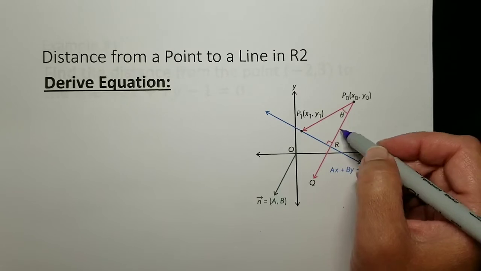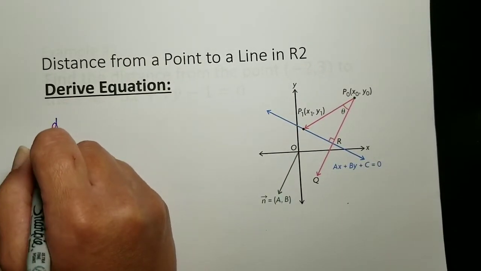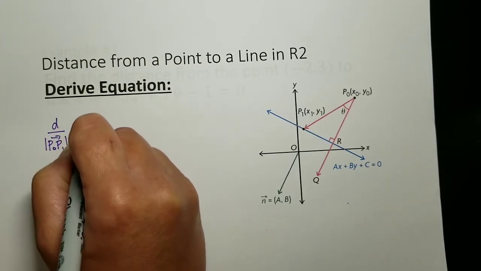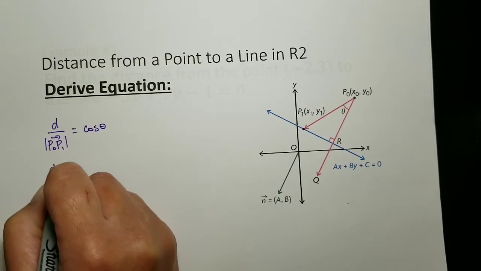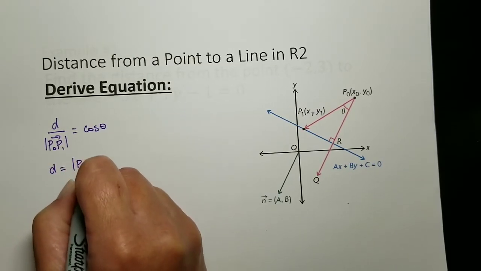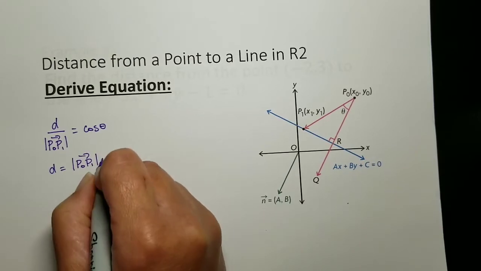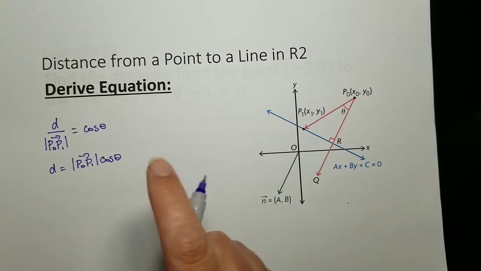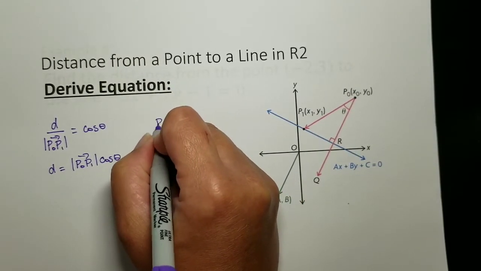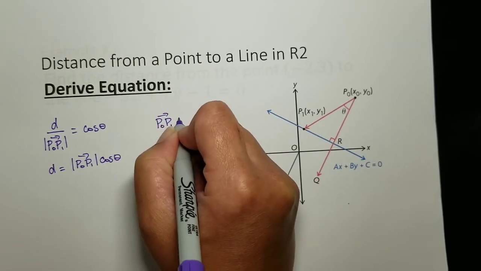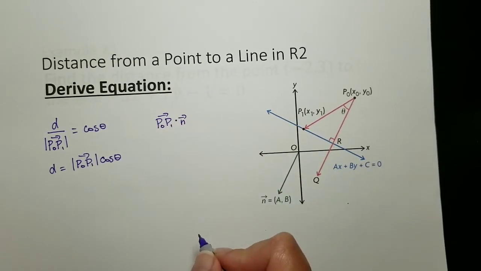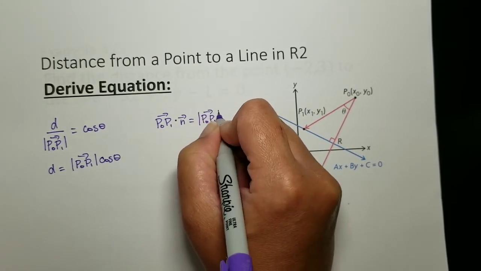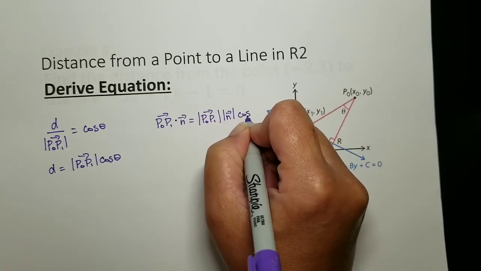So we know again that the distance over the magnitude of that hypotenuse vector is cos theta, so D equals the magnitude of that vector times cos theta. We also know that the dot product of this with the normal equals the magnitude of the vector times the magnitude of the normal times cos theta.